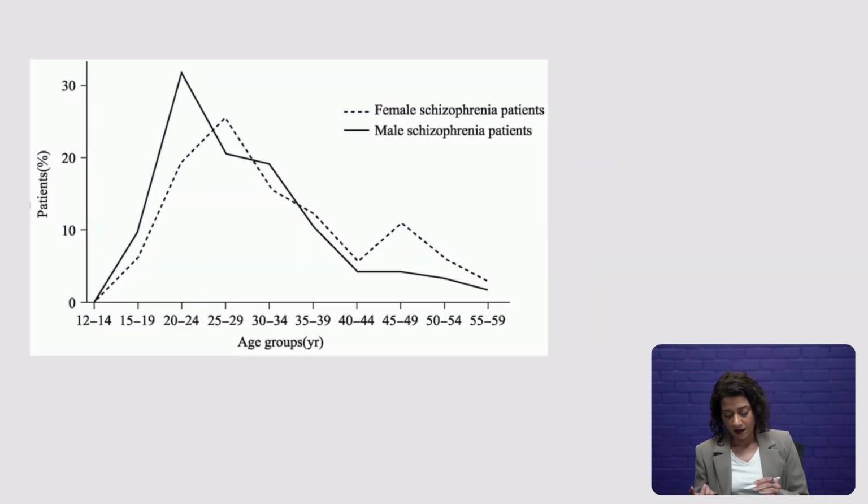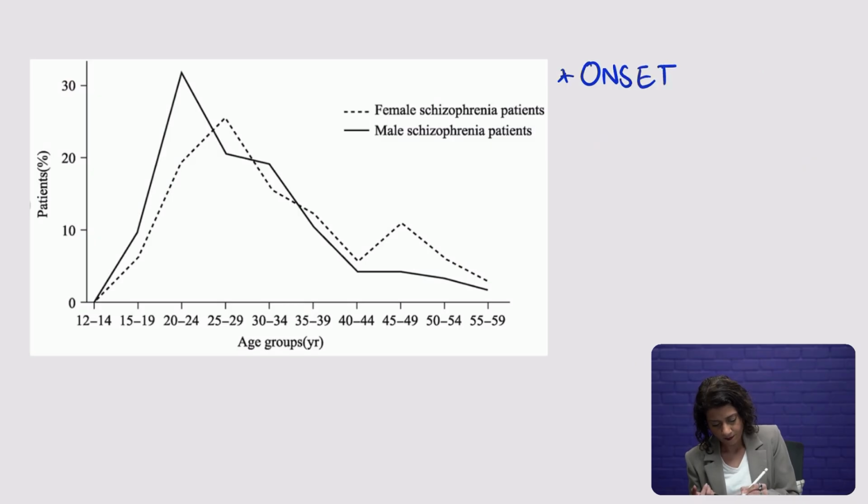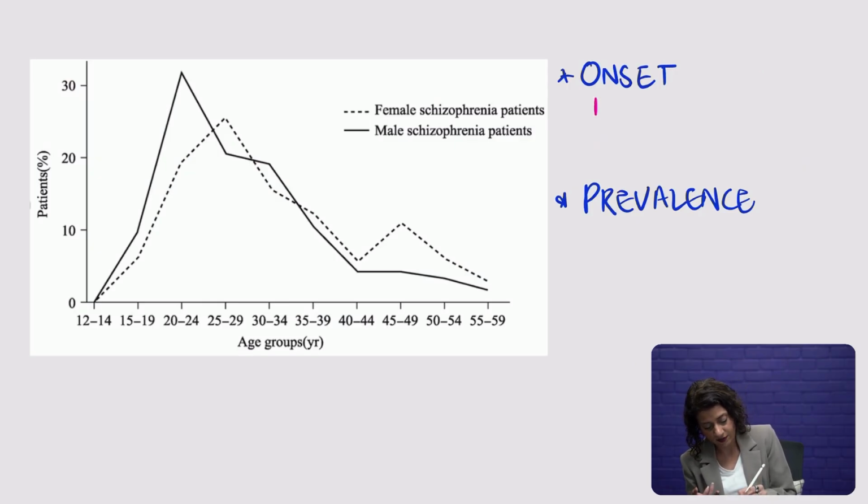Now, lastly, we're going to talk about the onset and prevalence of this psychological disorder. So onset essentially means when is it most likely for a disorder to begin, okay?